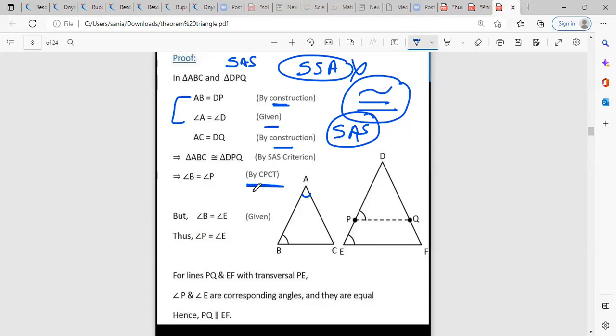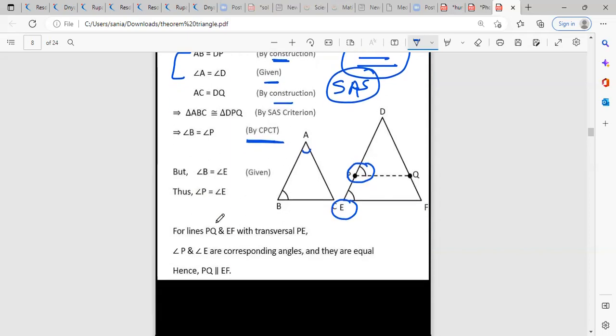So over here now by CPCT, you can write that angle B is equal to angle P, because now these two triangles are congruent. So every side, every angle will be equal because you already proved that they are congruent. And you know that angle B is equal to angle E. And you also know that angle B is equal to angle P. So can you write that angle P is equal to angle E?